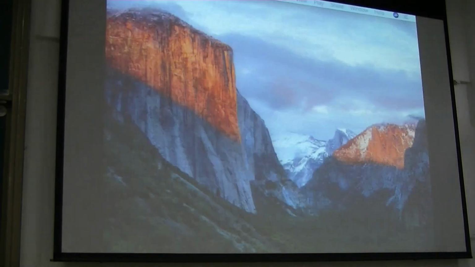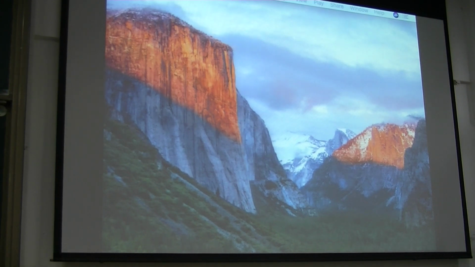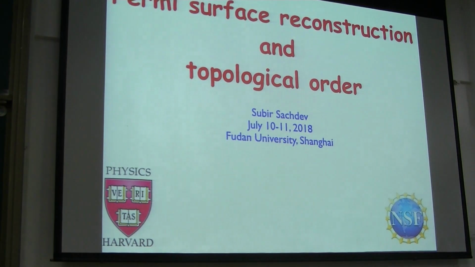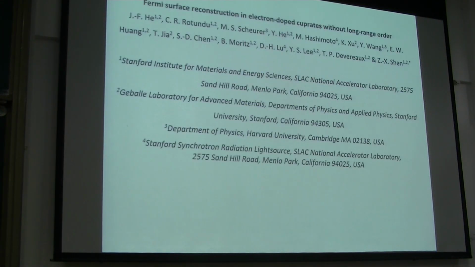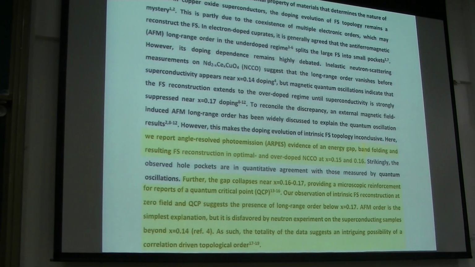So there's been a new set of precision measurements by the group of ZX Shen. And this is as yet unpublished. It's a preprint, which I guess is probably the first time we'll be talking about it, by these authors here, at Stanford mostly. Let me just show you the abstract of the paper.